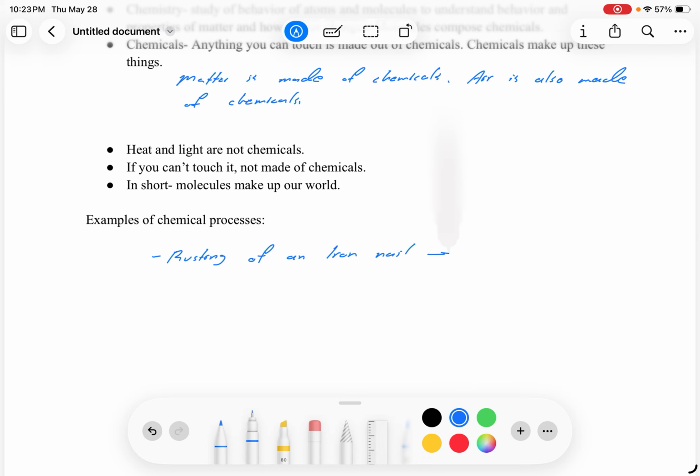Basically, the oxygen in our air interacts with iron over time, and this results in iron oxide.